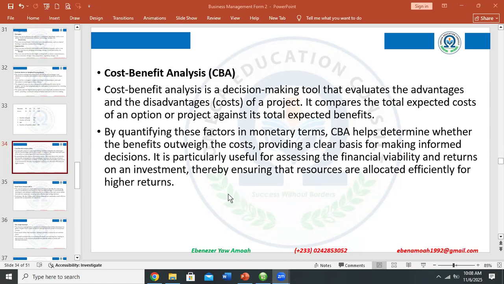So to be able to effectively use this tool, again, you have to quantify the cost and the benefits, because then that will give you a better appreciation of what actually the benefits and the costs are. If you just take a look at it, you might not get it. So you'd have to add some quantitative measurement and probably a little qualitative.